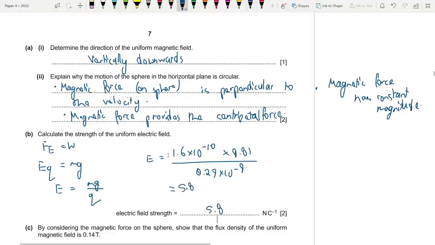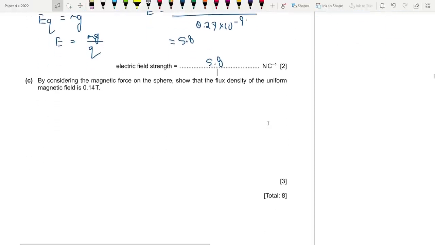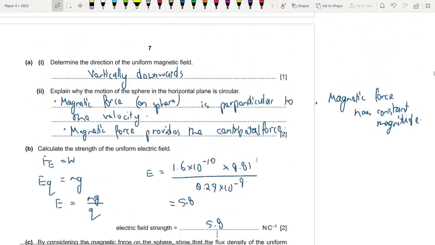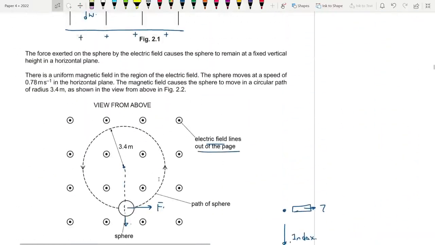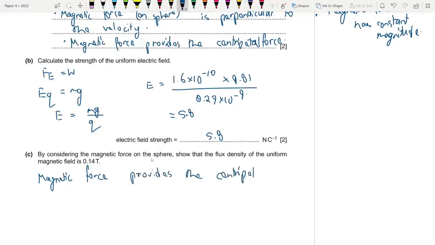Great. By considering the magnetic force on the sphere, show that the flux density of the uniform magnetic field is 0.14. All right, so we know that the magnetic force provides the centripetal force, right? We've stated that before.